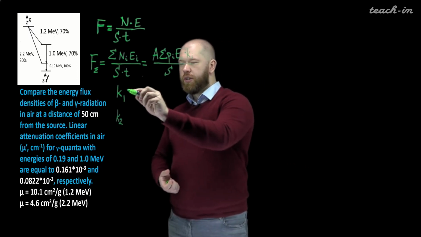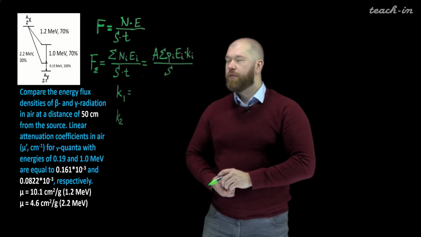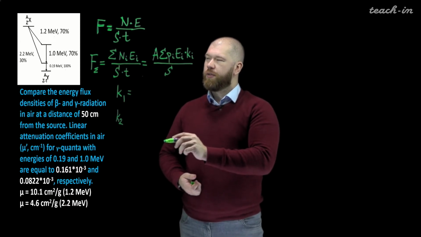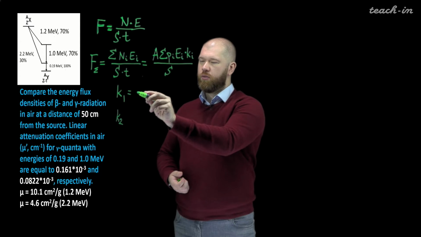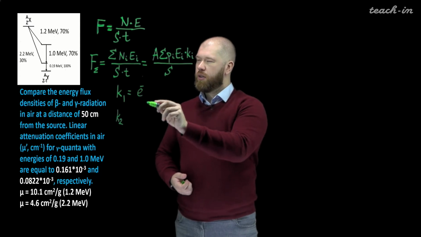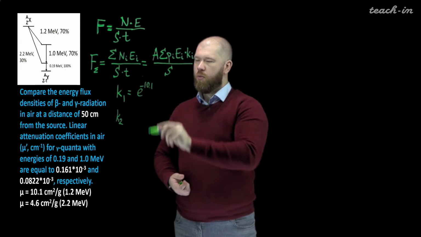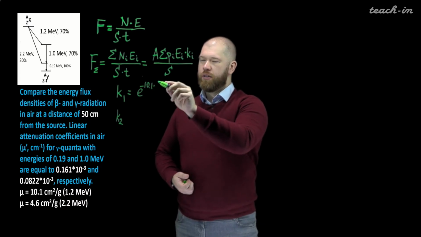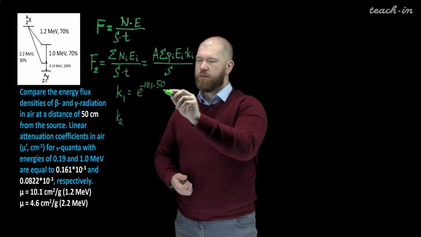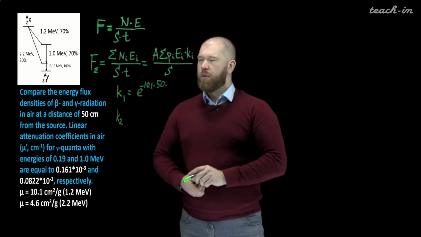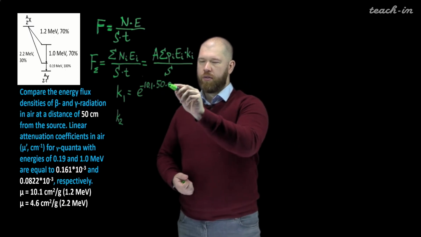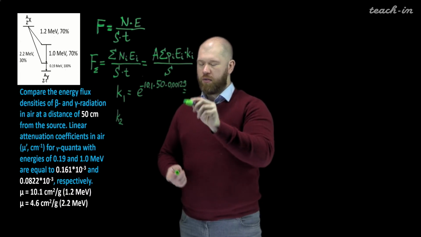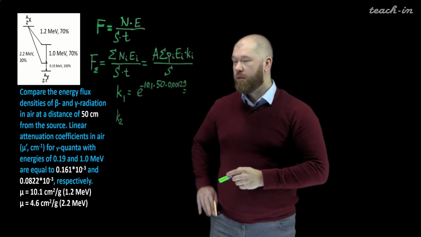Okay, so let's calculate the attenuation coefficient for beta particles with energy 1.2 mega electron volts. We will take 10 to 1, it is mu, multiplied by the distance, 50 centimeters. And we remember that the density of air is 0.00129 gram per cubic centimeter.